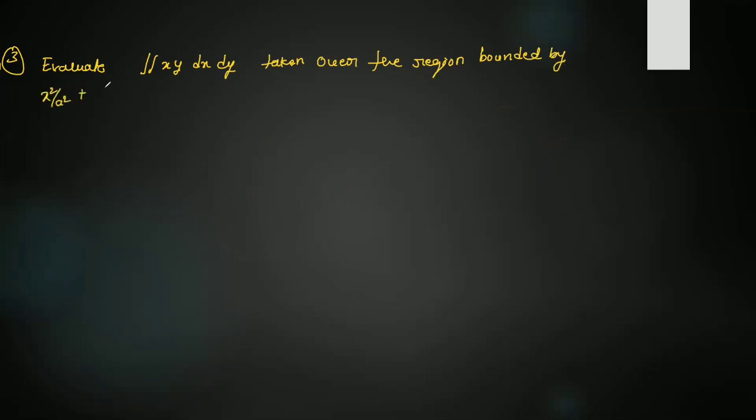Evaluate the double integral xy dx dy taken over the region bounded by x square by a square plus y square by b square is equal to 1, and x by a plus y by b is equal to 1.